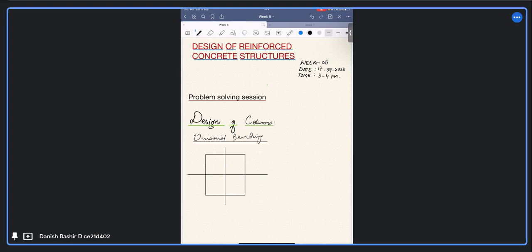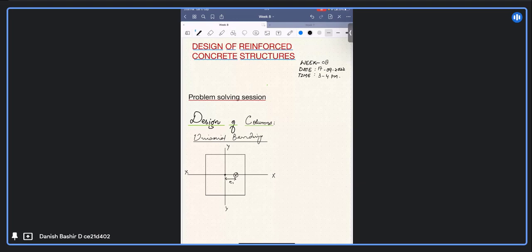There are two axes, xx and yy. For example, the load is not acting along the centroid, but somewhere here. With respect to y, it has zero eccentricity, but with respect to x, it has some eccentricity.